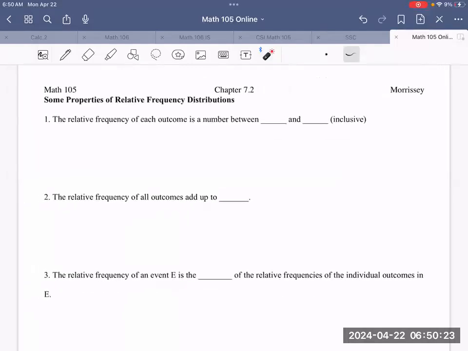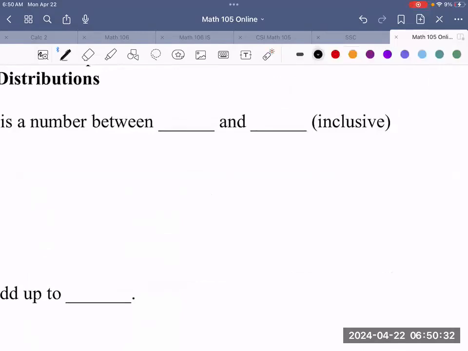Now, some properties. The relative frequency of each outcome is a number between 0, being the lowest that you can have, again, no negatives, and 1, being the highest, 100% inclusive.